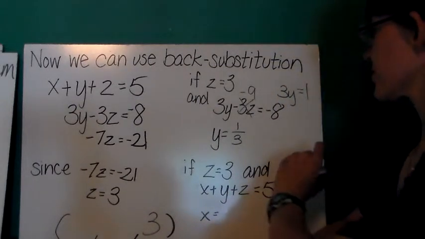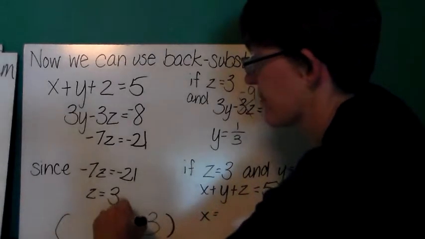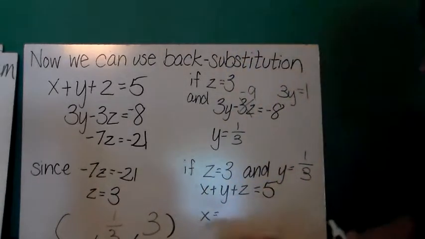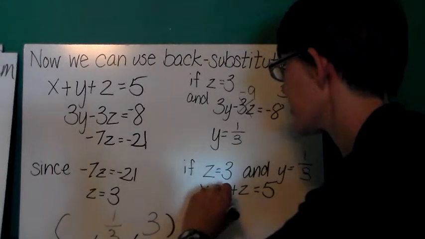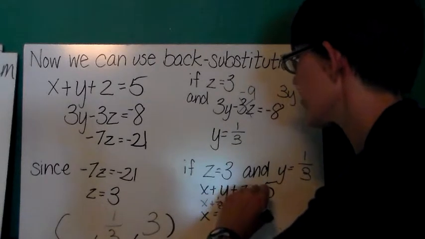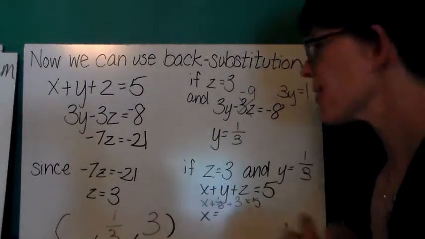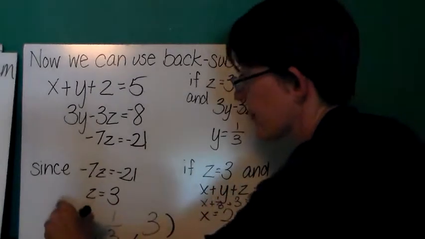Then, if z equals 3 and y equals 1/3, then x plus y plus z, I have x plus 1/3 plus 3 equals 5. Well, 5 minus 3 is 2. 2 minus 1/3 is 2 and 2/3.